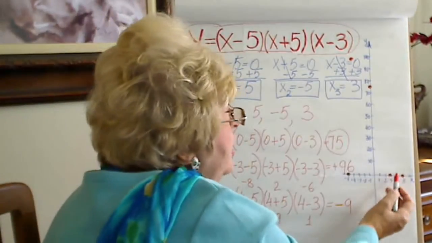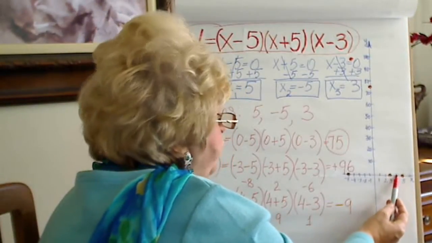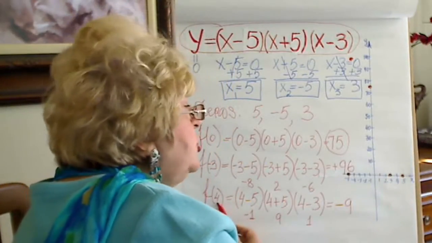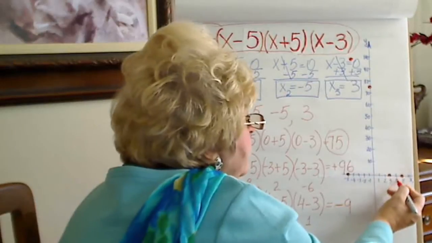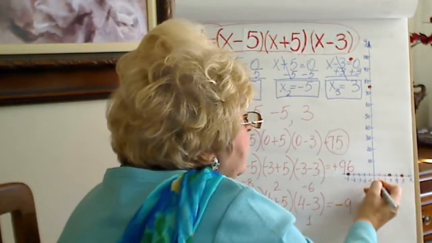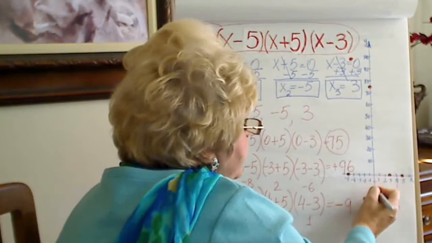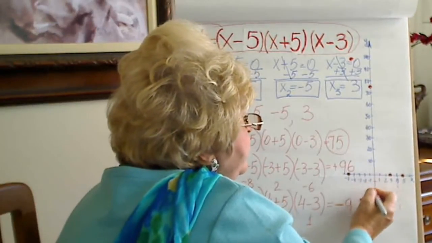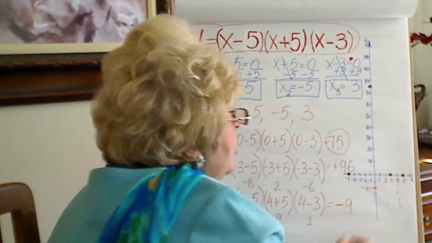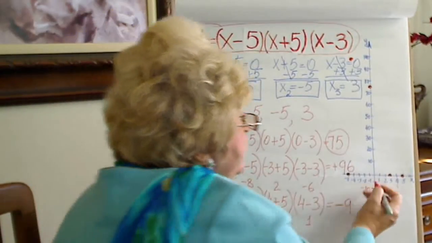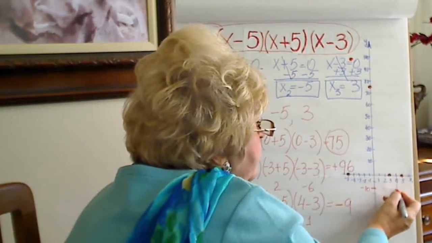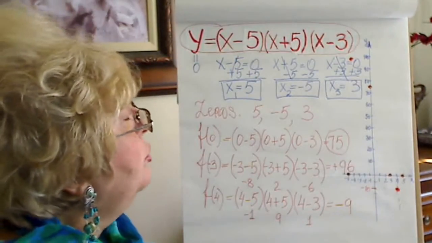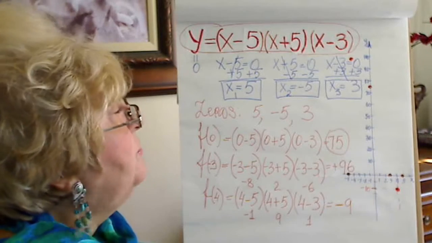So when our x equals 4, y function will be negative 9. Sorry, I said negative 10 but it's negative 9, almost over here. It will be the third point that we found.